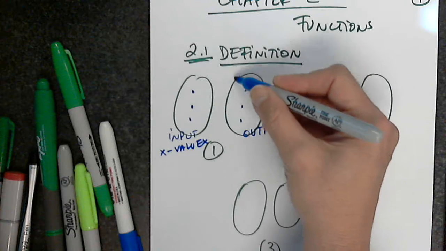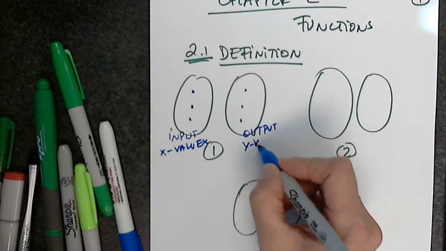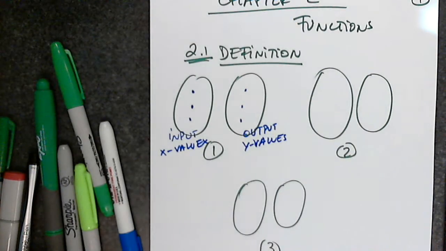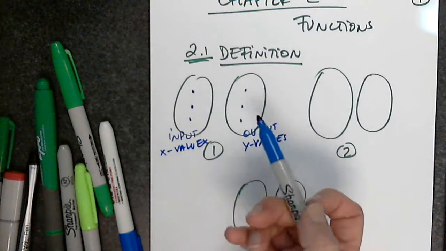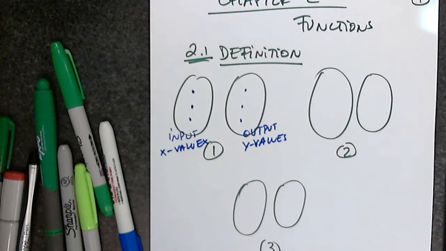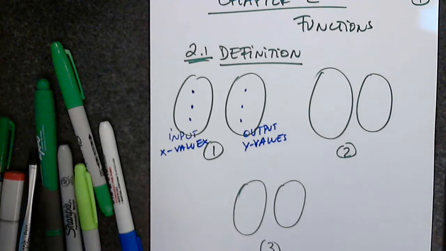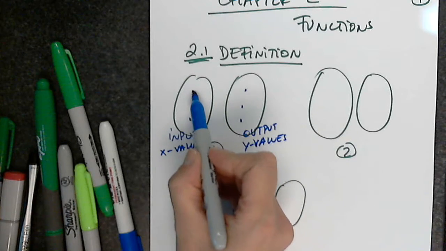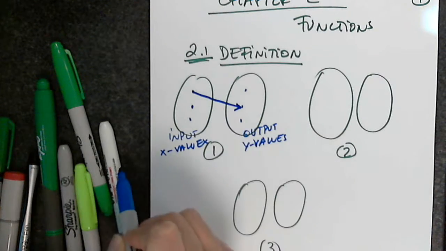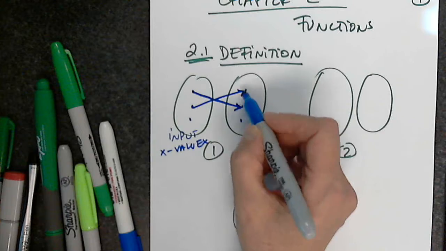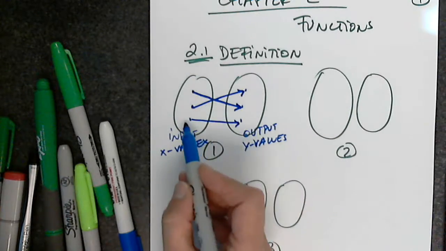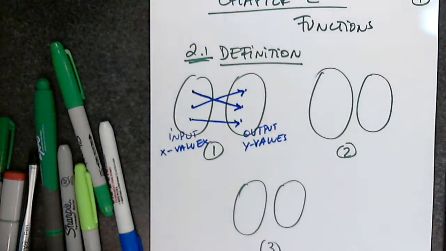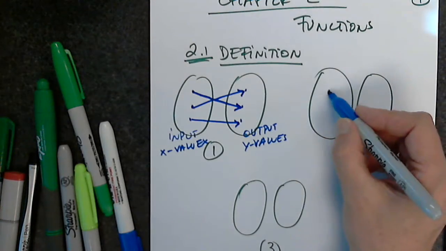It will be found in this set, the y values. Now I can create the relationship, because just input and output doesn't create a function. I have to show you the mechanism, how I put in the input and how I get the output. Let's say this number corresponds to that number, and this one to this number, or this input to this output, and so on. I'm going to present the second situation here.